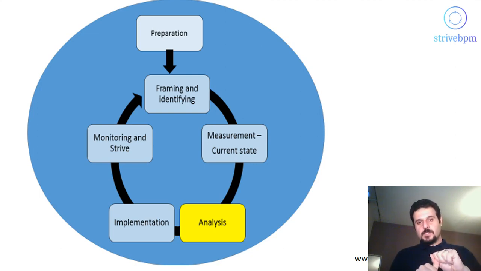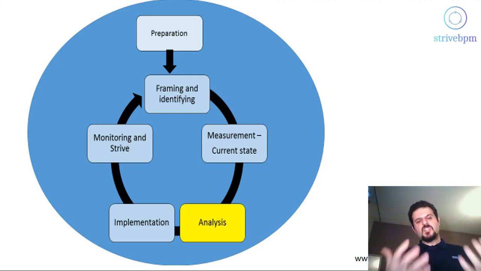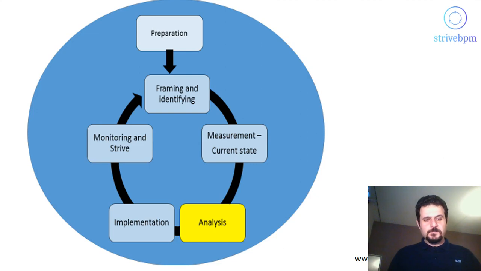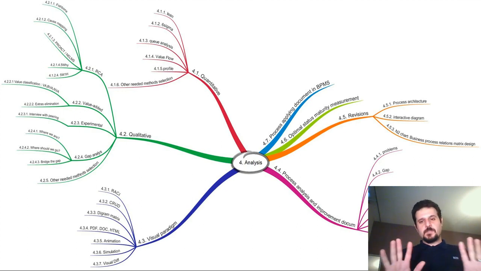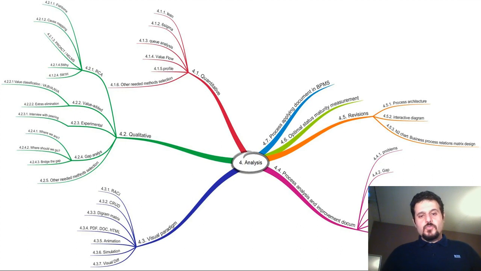Now we want to analyze the processes, distinguish bottlenecks and some issues and problems about the processes. After that, improve and optimize the processes. Here, you should be familiar with some techniques, and know whether you want to do a quantitative or qualitative analysis.